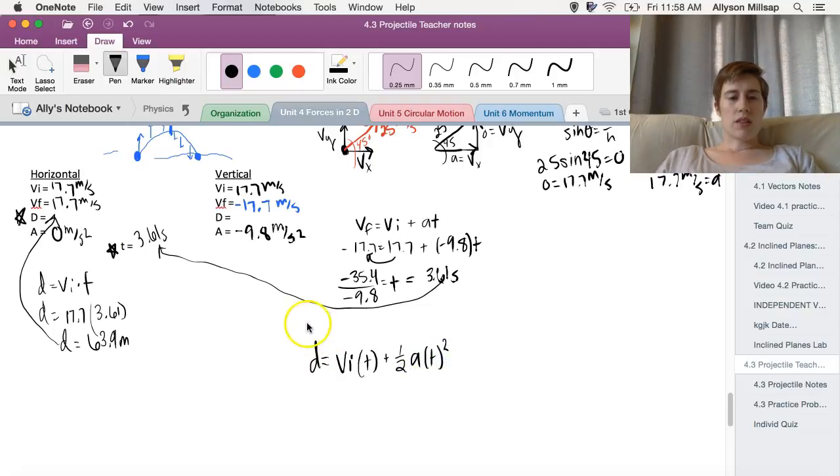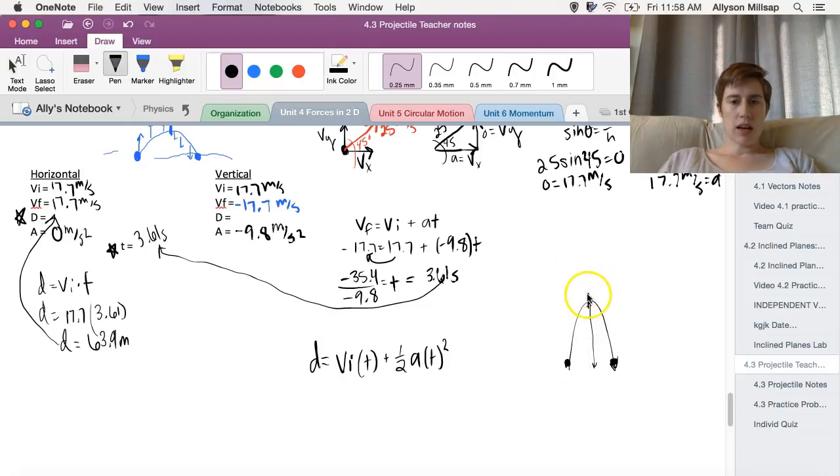So the D we're looking for is the distance here. Here's the football, it's kicked, that's the peak, and then it falls down. So everything we're looking for is the half. Okay, so we're looking at really this section here. What's the distance there? So the initial speed is still the same as my initial speed that I listed. It's 17.7. The time, however, is not the full time.